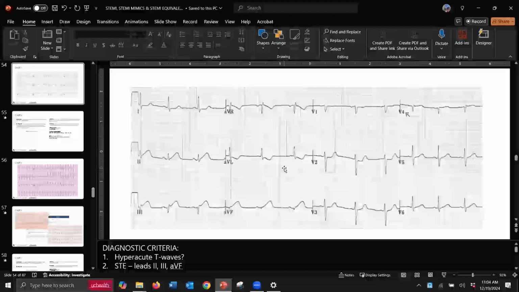There's elevation in the inferior leads. Look at 3. What do you think about aVF? It depends on which QRS complex, I would say. On the third one, I can see elevation. On the first two, I see elevation in proportion to the QRS complex.